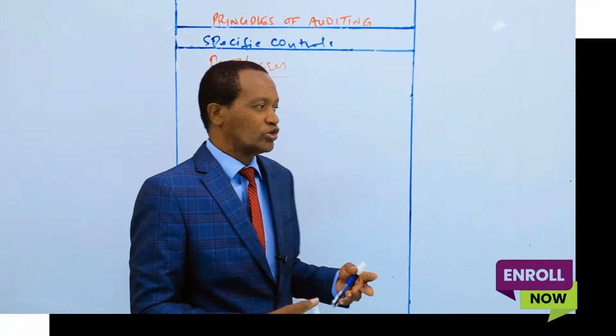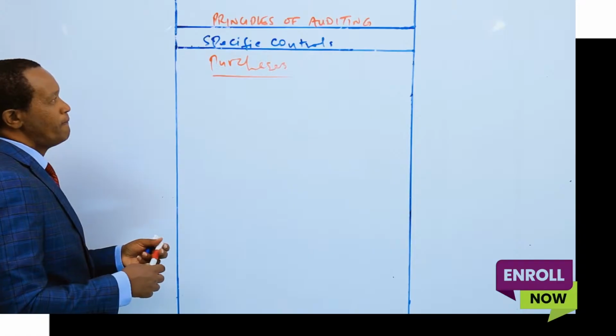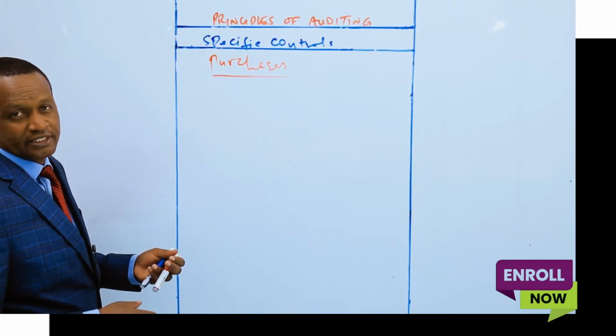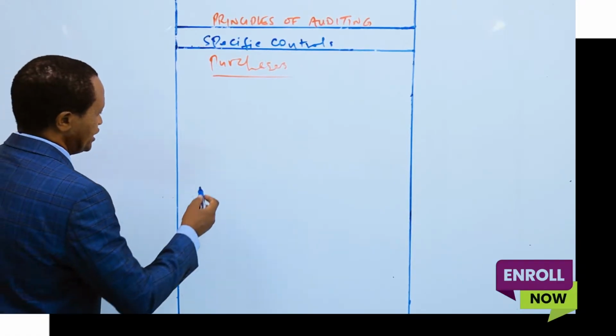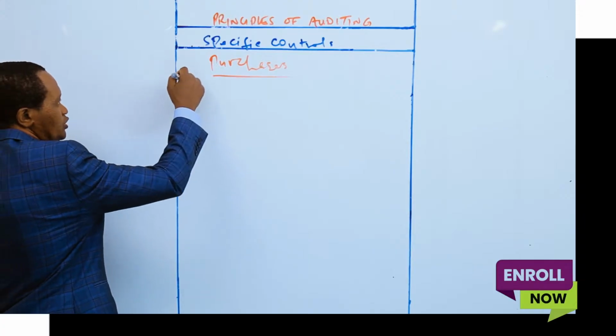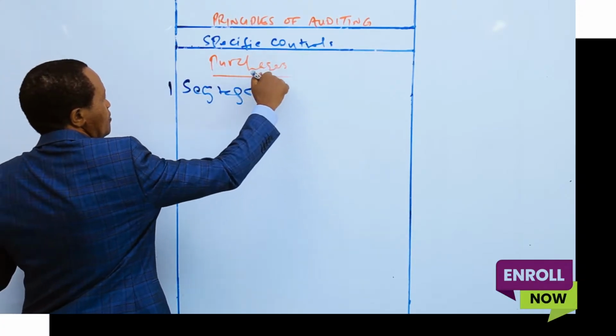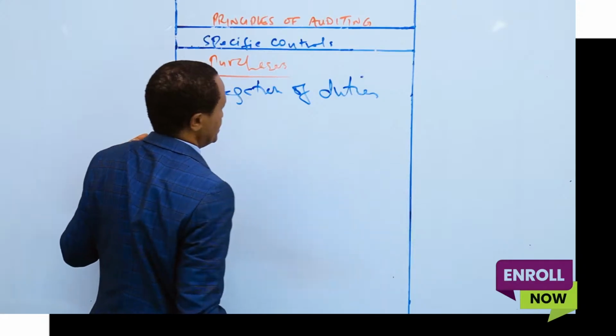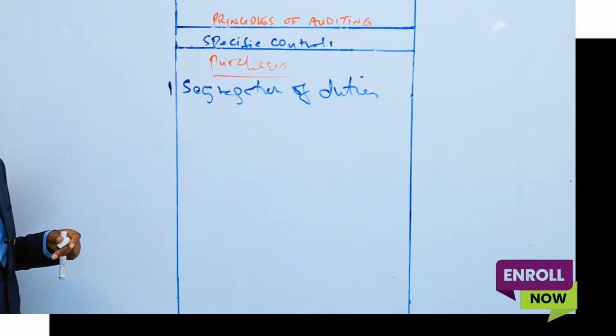So what are the key controls in purchases? The first one is segregation of duties. Segregation of duties.